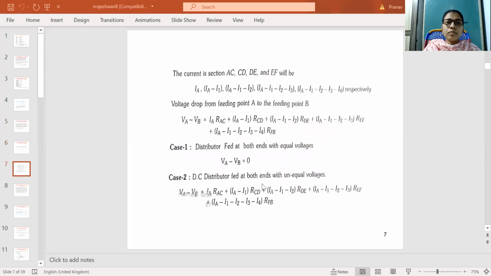The current in section AC is IA, in CD it is IA minus I1, in DE it is IA minus I1 minus I2, in the next section it is IA minus I1 minus I2 minus I3, and finally in EF it is IA minus I1 minus I2 minus I3 minus I4 respectively.